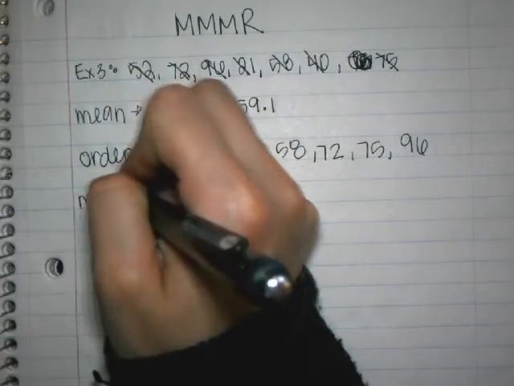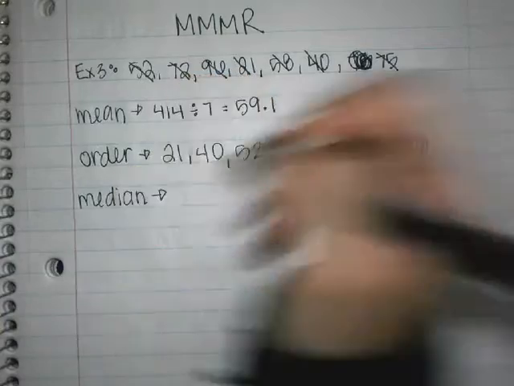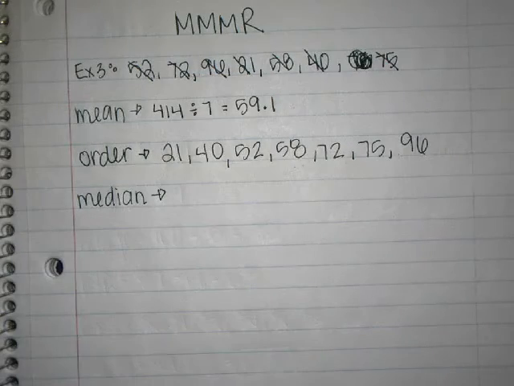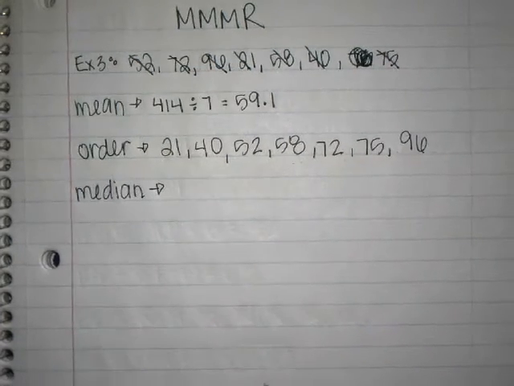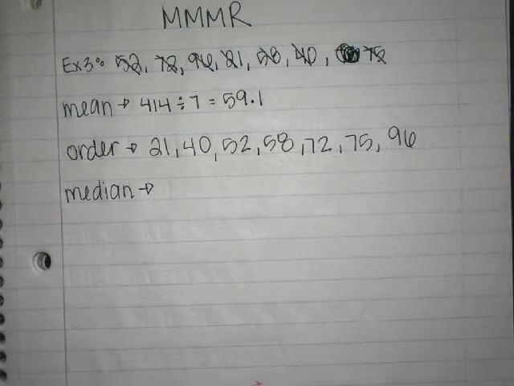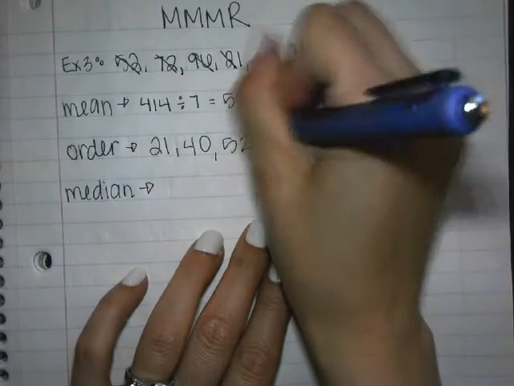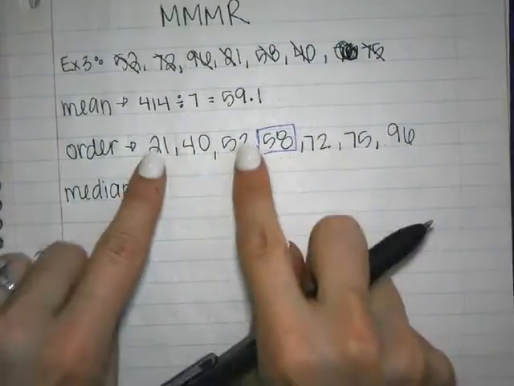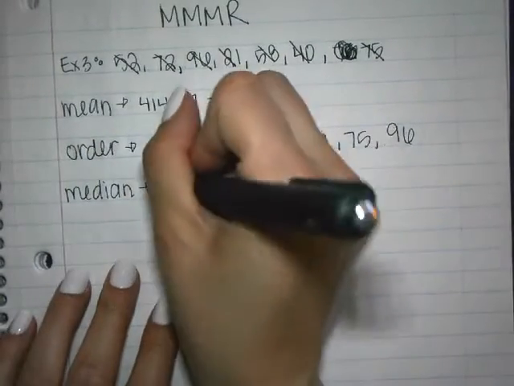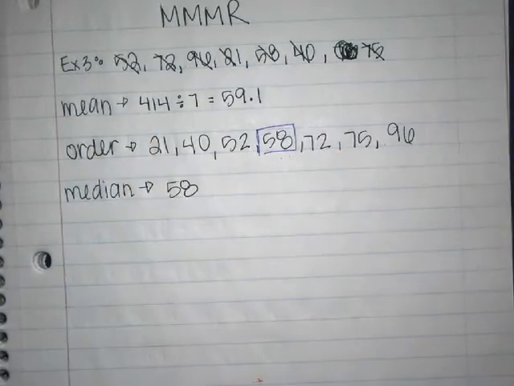Check with your partner, see if you agree. All right, guys, what's the median? 58 is in the middle. I have 3 below. I have 3 above. My median is 58. Is there any questions on that?